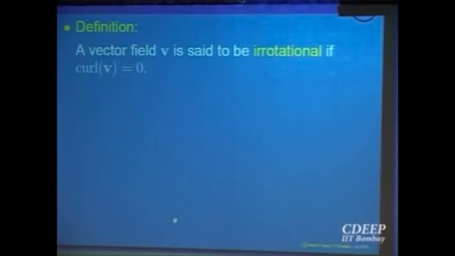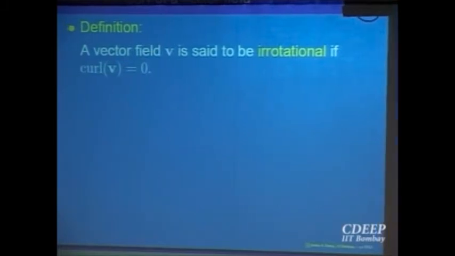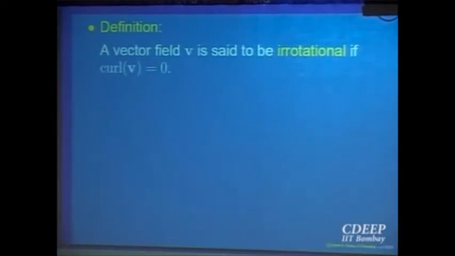So one defines that for a vector field v, we say it is irrotational if curl of that vector field is equal to 0. So you see that the curl of a vector field signifies a physical property, the tendency of being rotational or irrotational or non-rotational.